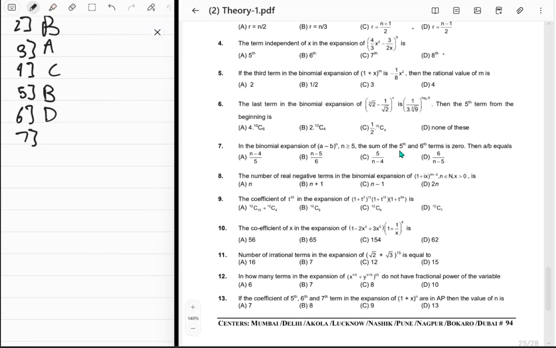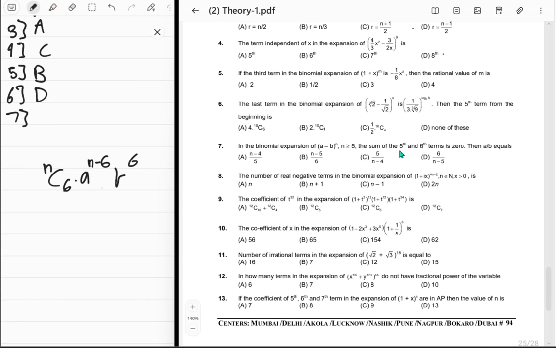Then a upon b equals what? So nc6 times negative b power 6 or whatever. So let's take the magnitude anyways, like a power n minus 6, and then you got b power 6 over there. Oh, okay. So when this is the 5th and 6th term, they actually mean this thing. It should be 5 over here. Sorry. Yeah, like 5. We got 4 in the next thing, so 4.